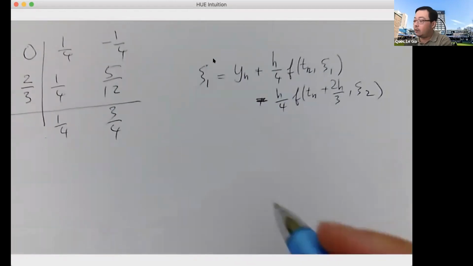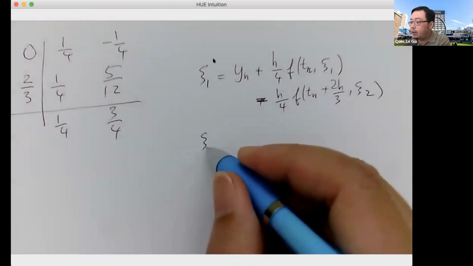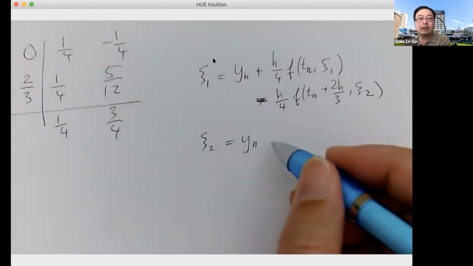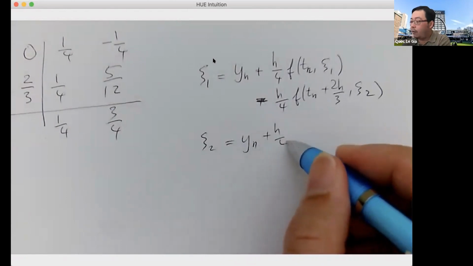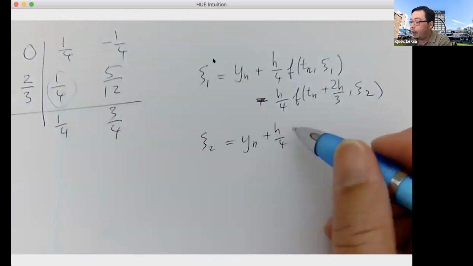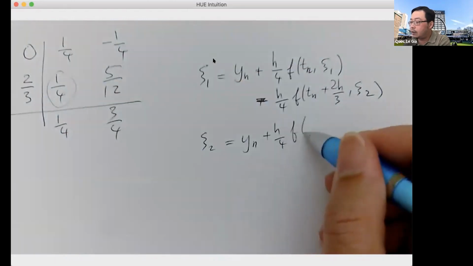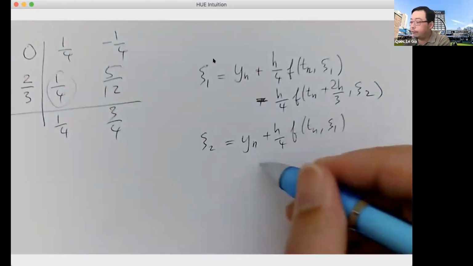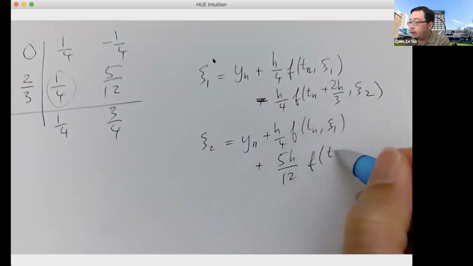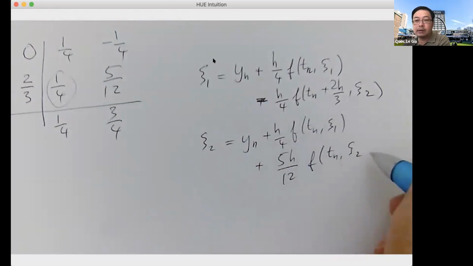And now xi2 is yn, plus h/4, this h/4 comes here, f of tn, xi1 plus 5h/12 f of tn, xi2.